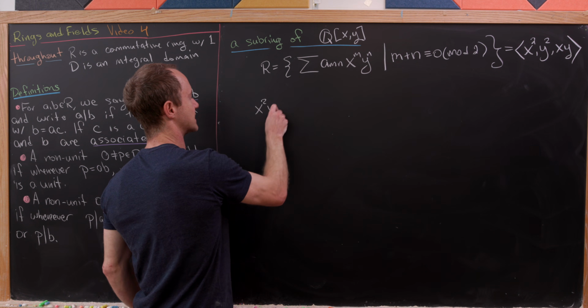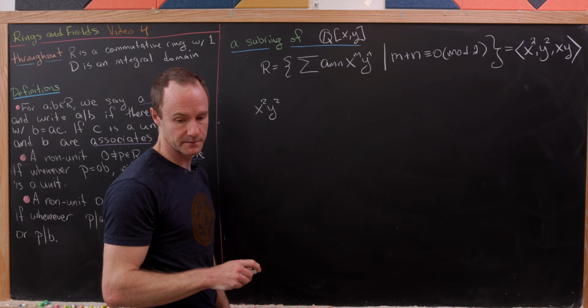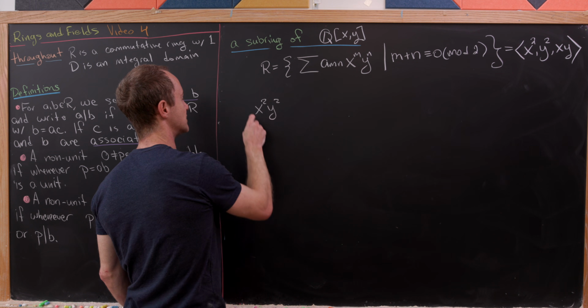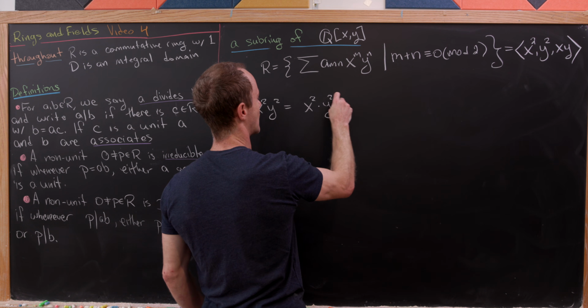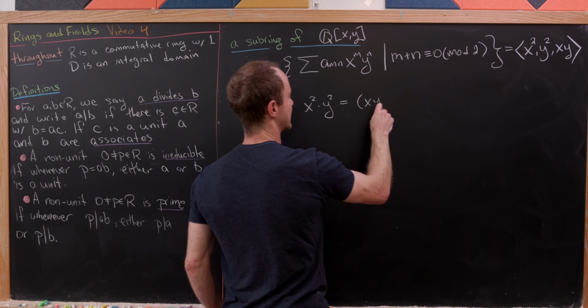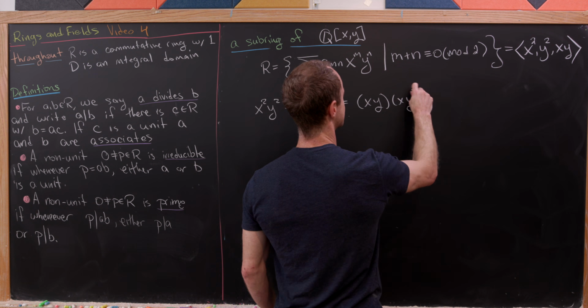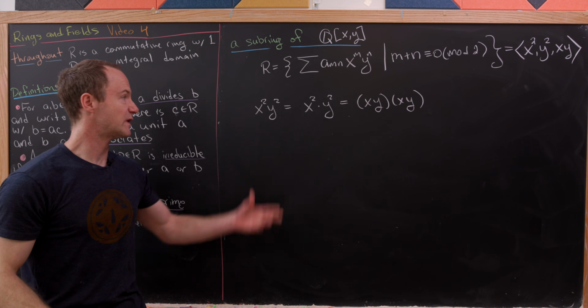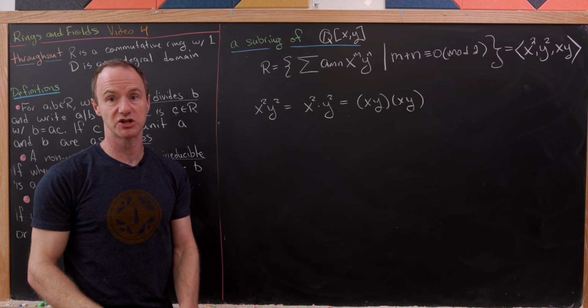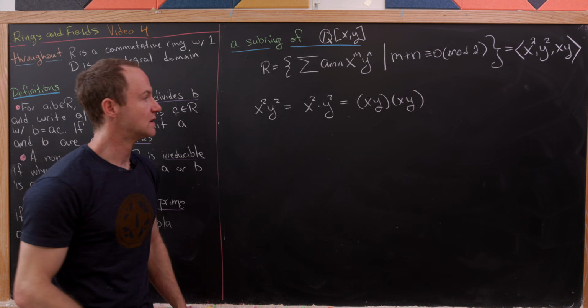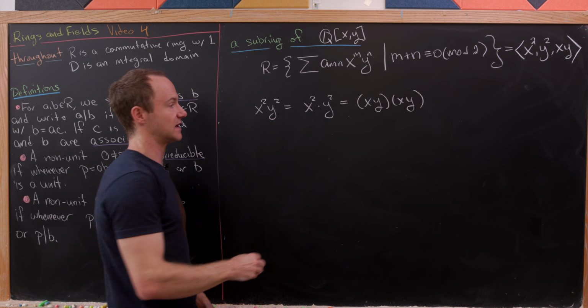Now, let's observe the following. x squared times y squared can be written 2 different ways. It can be written as x squared times y squared, and it can also be written as xy times xy. So we factored this thing 2 different ways. But what does this tell us?